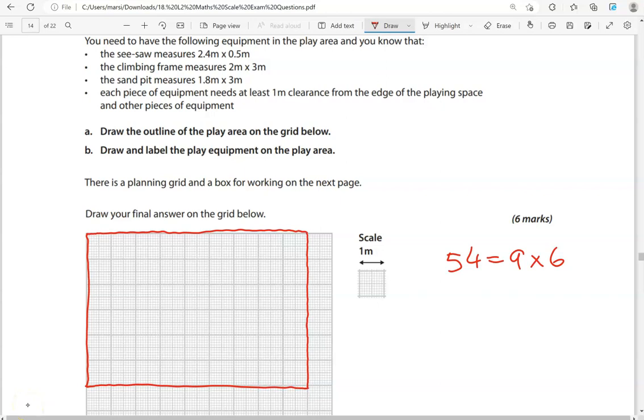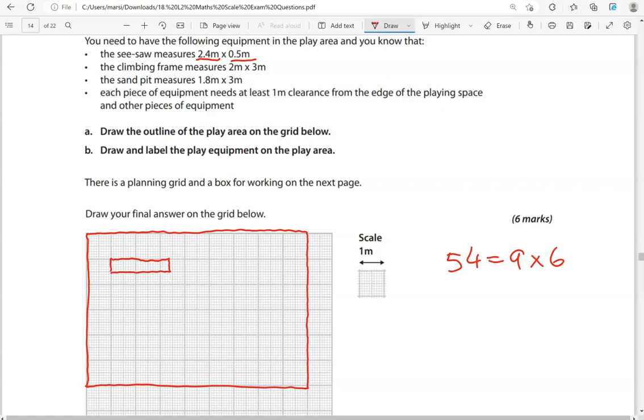Now let's draw the seesaw, which measures 2.4 meters by 0.5 meters, so that is going to be 2.4 squares by 0.5 squares. So I'm going to draw it here. 1, 2, 1, 2, 3, 4. So half a square, the width.